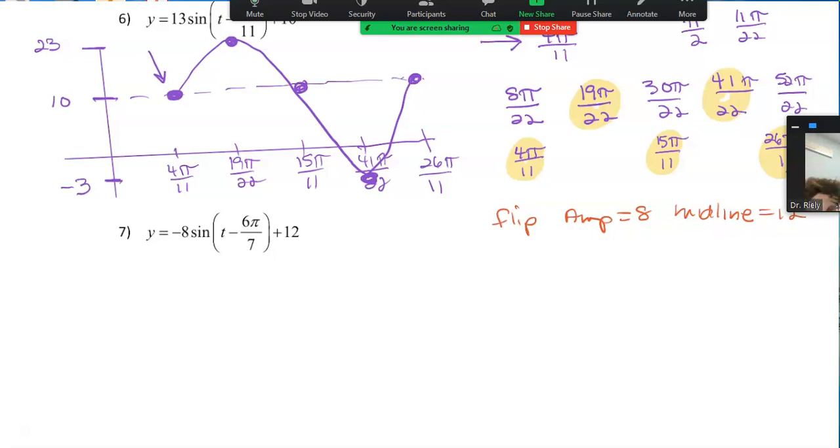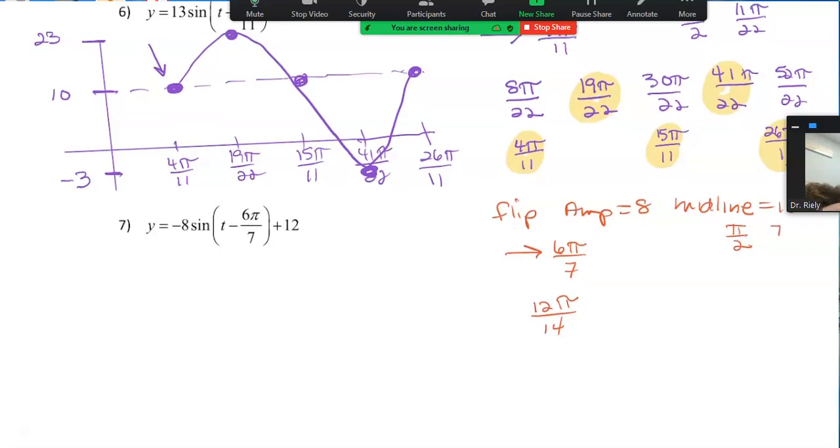Then my angle is going to be to the right by 6 pi over 7. Again, the 7 being the denominator is a problem. So I'm going to make that first angle 12 pi over 14 just for right now, so that when I add pi over 2, I can do it as 7 pi over 14.